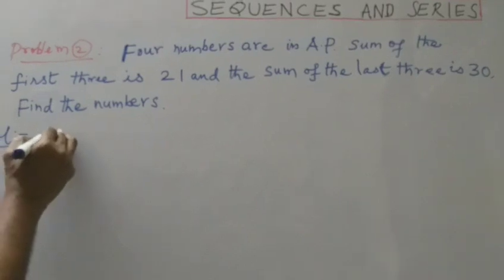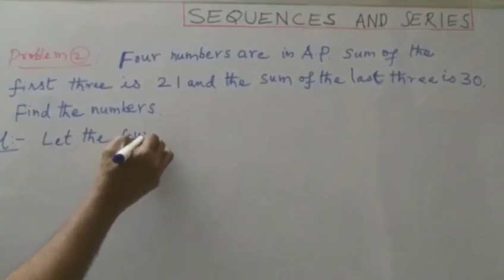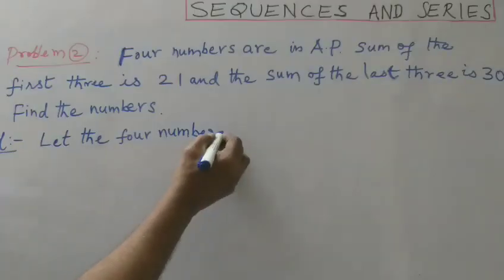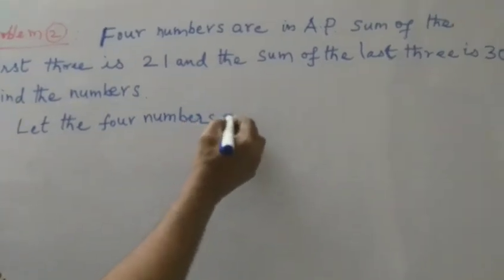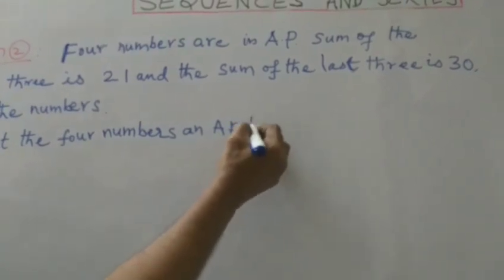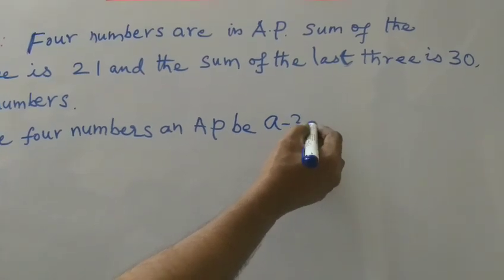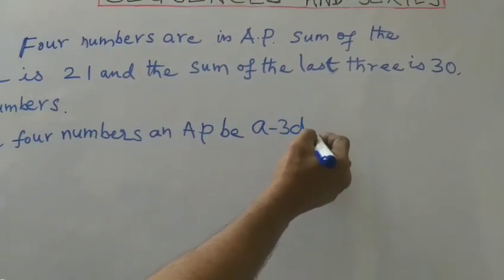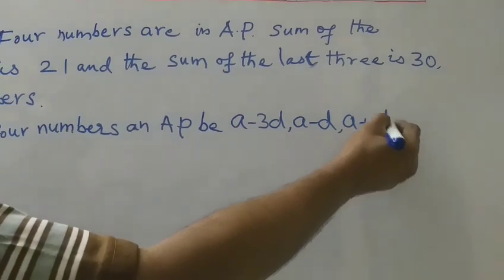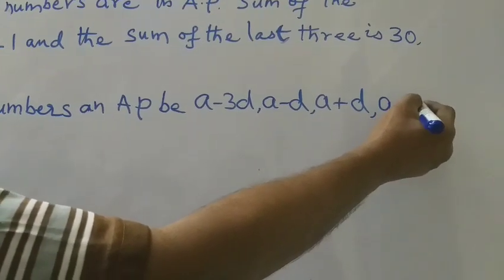Let the four numbers in an arithmetic progression be a minus 3d, a minus d, a plus d, a plus 3d.